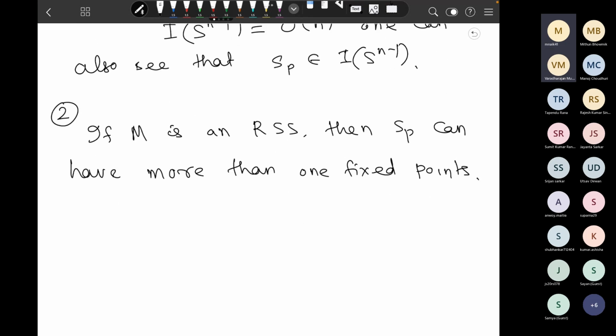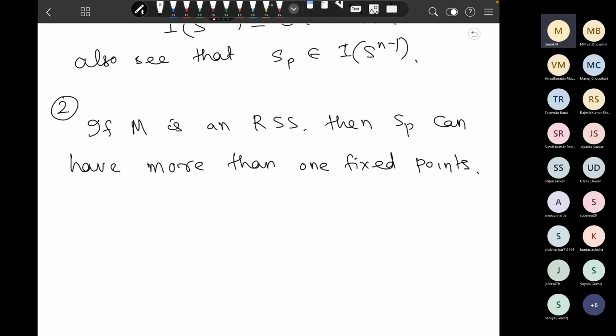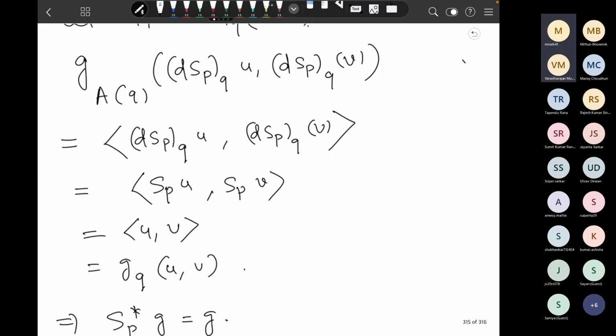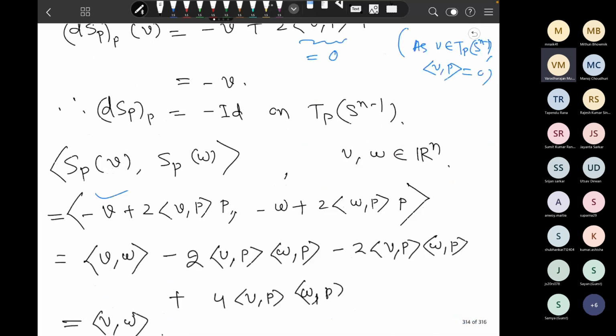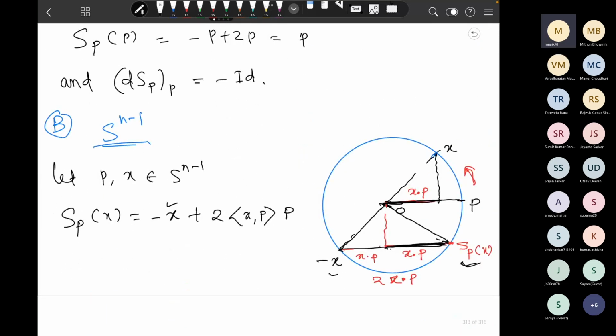For instance, in case of S^(n-1), if you take the geodesic inversion SP, there are two fixed points, P and minus P.